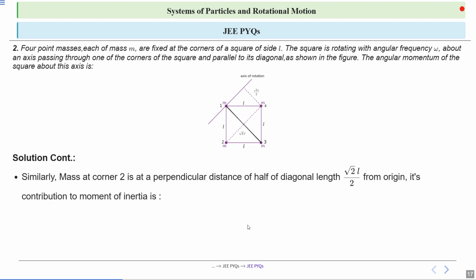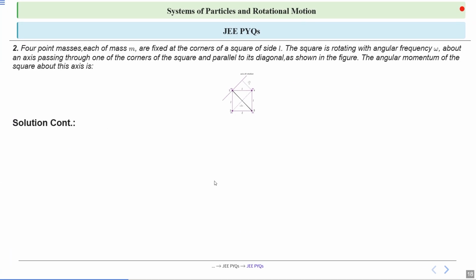Now similarly, the mass at corner 2, this one, is at a perpendicular distance of half of the diagonal length, root 2 L by 2, from the axis. So its contribution to the moment of inertia is I2 equal to m L square by 2. Now the total moment of inertia of the 4 masses is I1 plus I2 plus I3 plus I4.